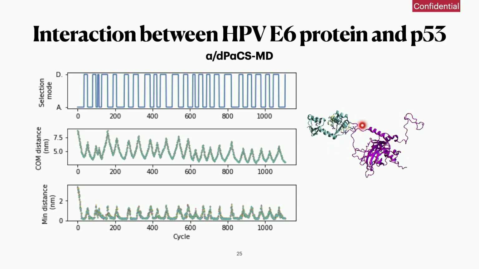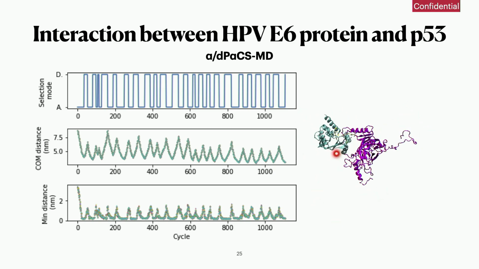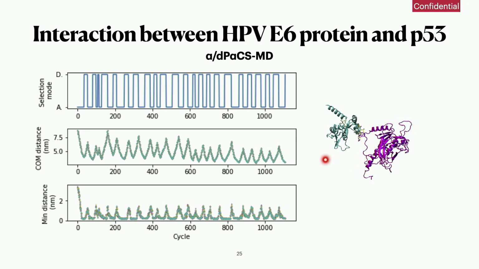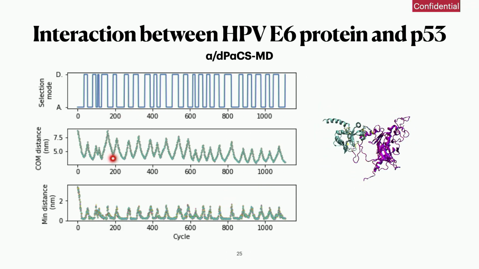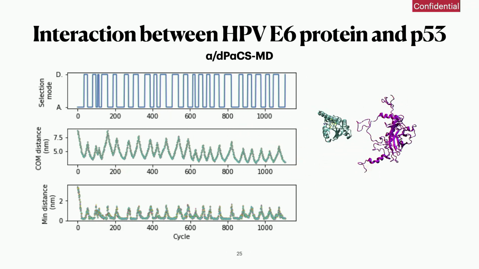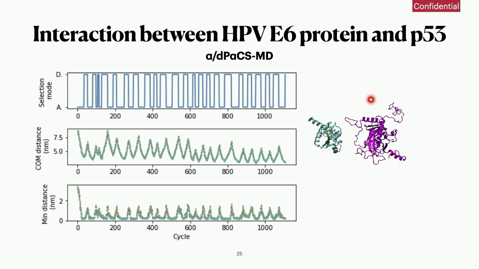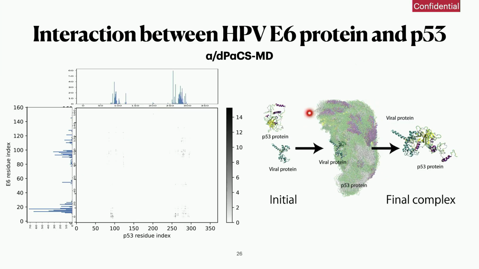We try to find the bound conformation between the P53 and the E6 protein. You can see that it goes through association and dissociation again and again within the cycle. After this, we do relaxation and try to figure out the interaction between the HPV E6 protein and the P53.